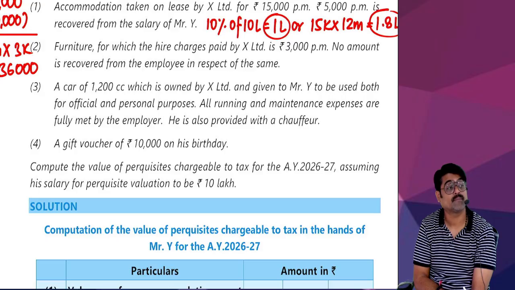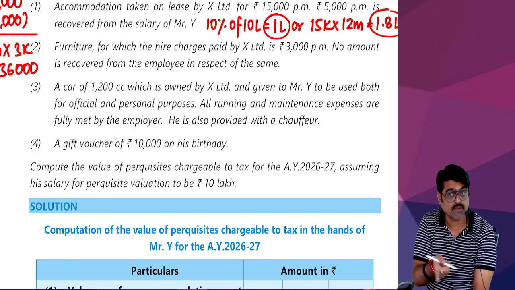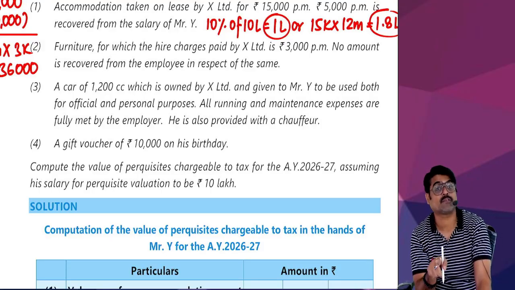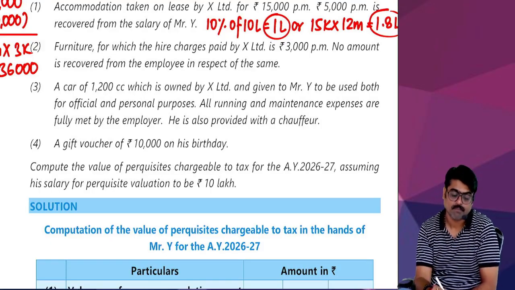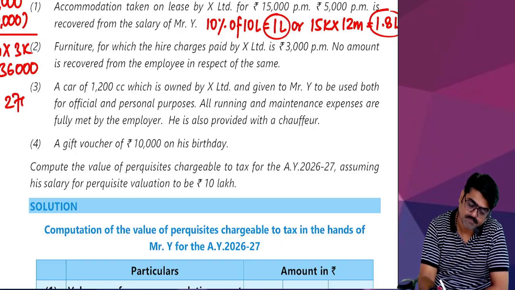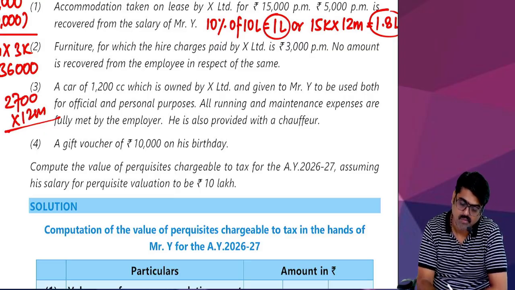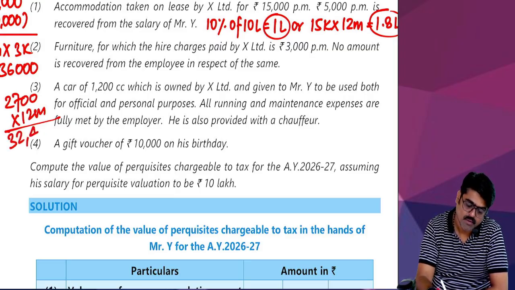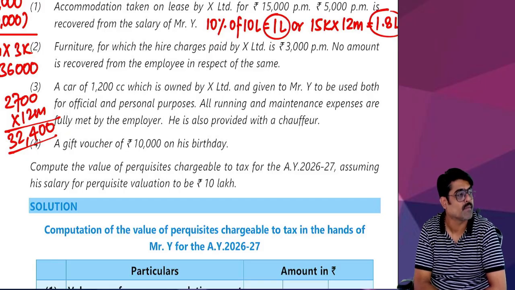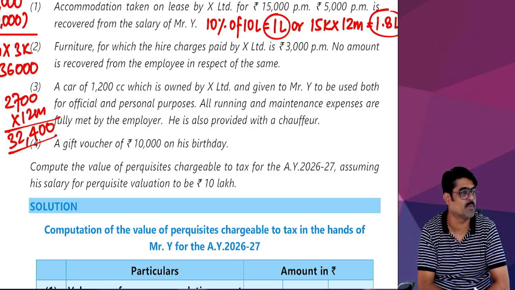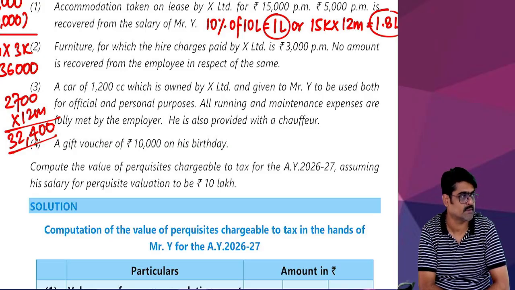But if the driver is also provided by the employer, then 1,800 plus 900, 2,700 into 12 months, 32,400, will be taxable. But if the engine capacity of the car was more than 1600 cc, then 2,400 plus 900, 3,300 would have been taxed. Yes or no?